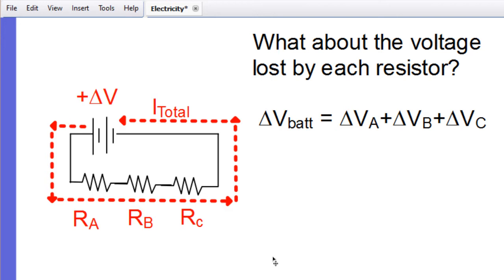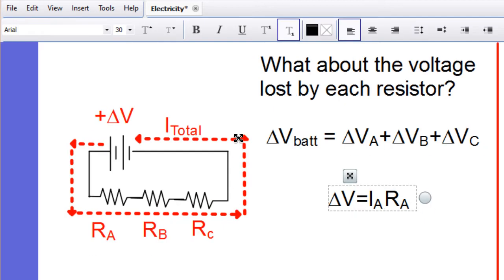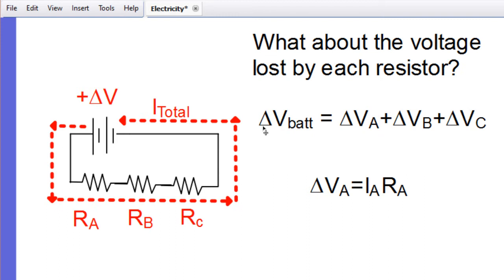Alright, but what if I want to know those voltages? Enter Ohm's law, which states that the voltage lost by A is going to be equal to the current in A times the resistance of A. Well, what's the current of A?